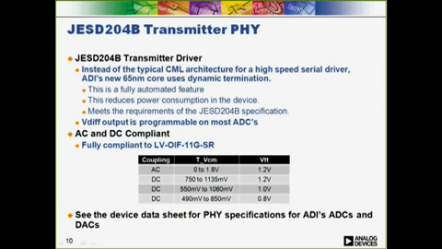Termination is automatically controlled to maintain 50 ohms impedance, and the differential output swing is programmable. All ADI ADCs fully support both AC and DC compliance. Detailed electrical specifications on the JESD204B interface are included on each device datasheet.